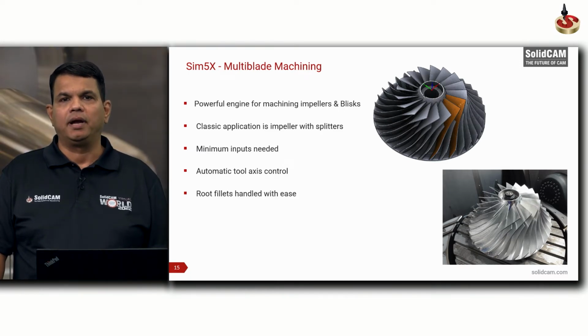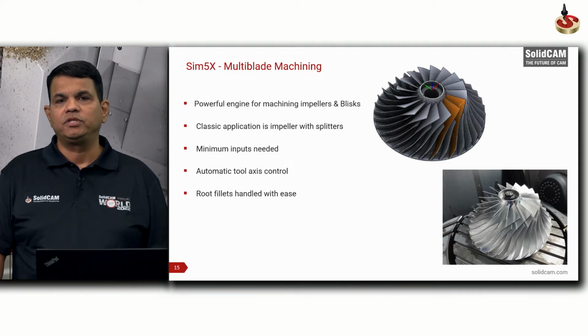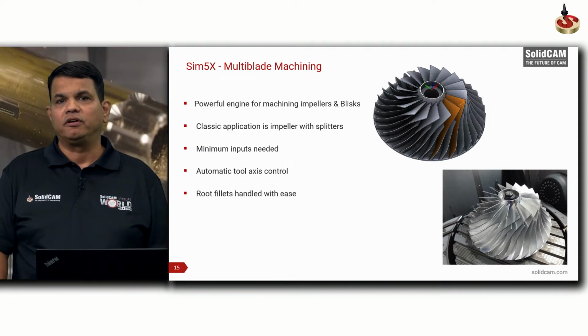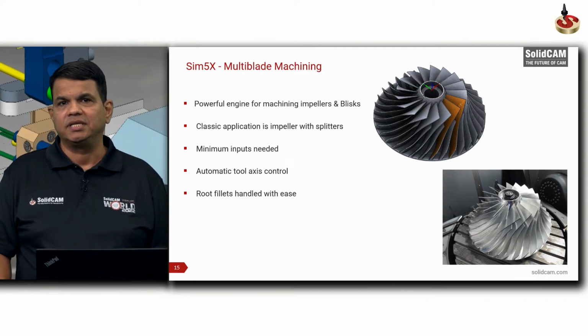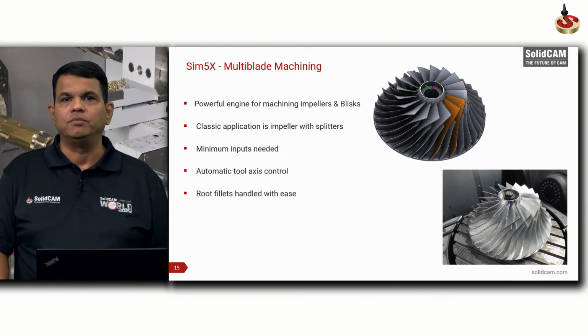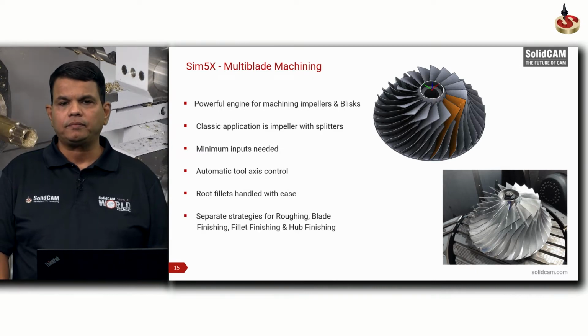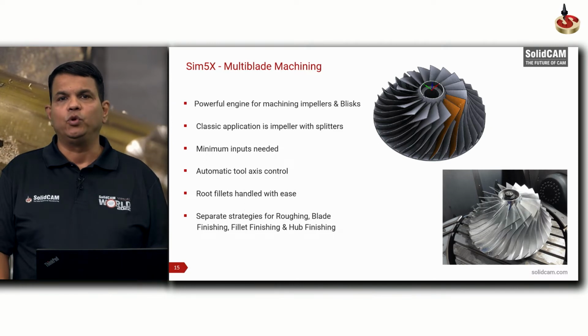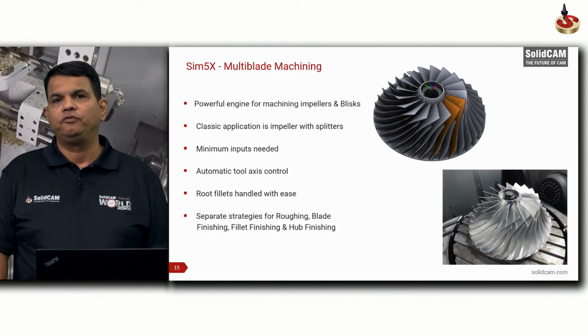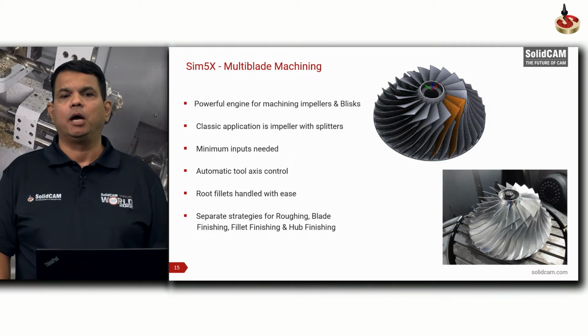Root fillets are handled with ease, because the problem in 5-axis is, of course, whenever there are fillets at the bottom. That's where all the complexity arises, but this is handled with ease inside SolidCAM's multi-blade machining. We have separate strategies for roughing, wall finishing, root finishing, as well as hub finishing.